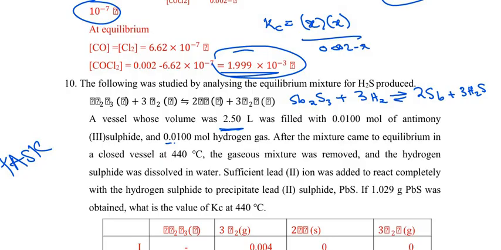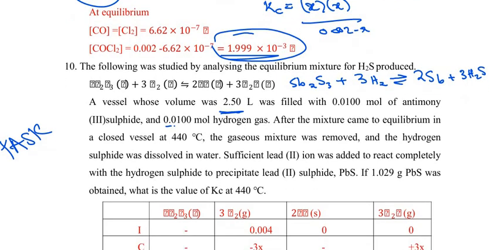So use this, divide 0.01 by the 2.5, that will be the answer here. The moles that you have, divided by 2.5 liters. So divide it to get the concentration there.